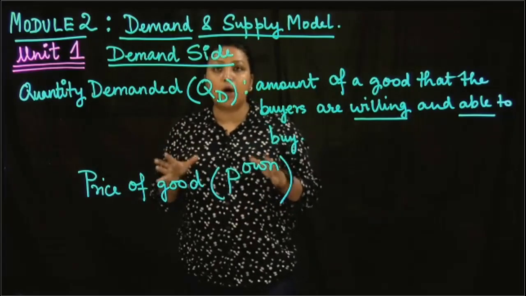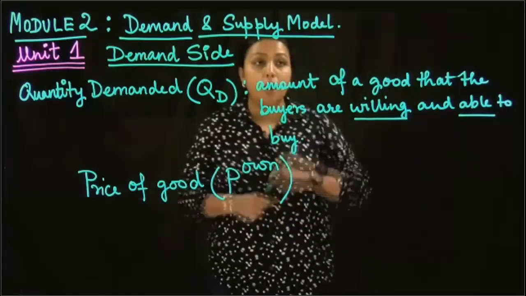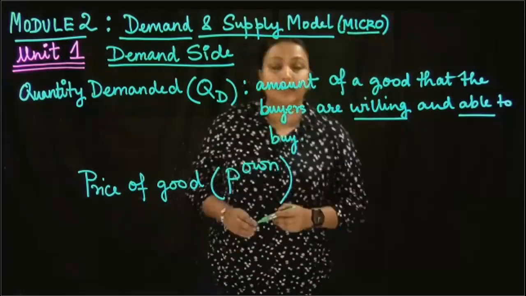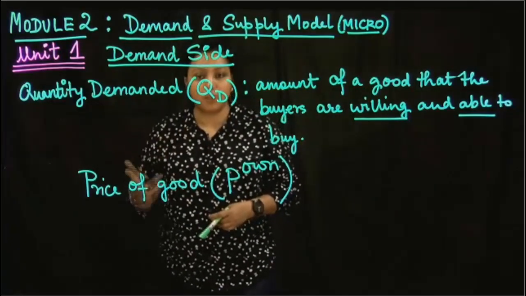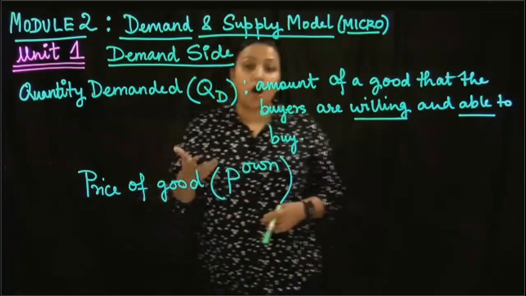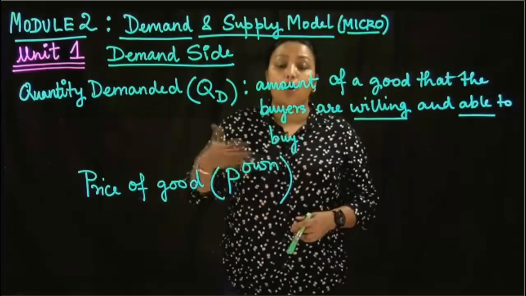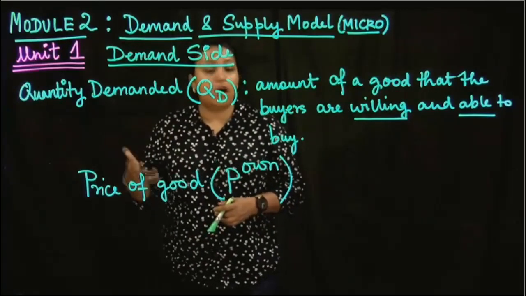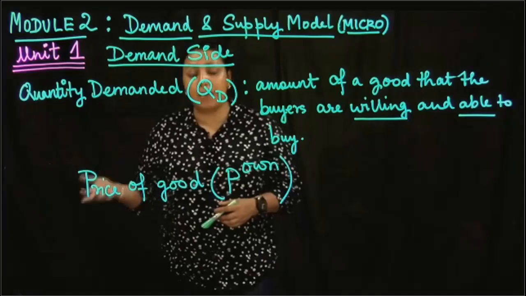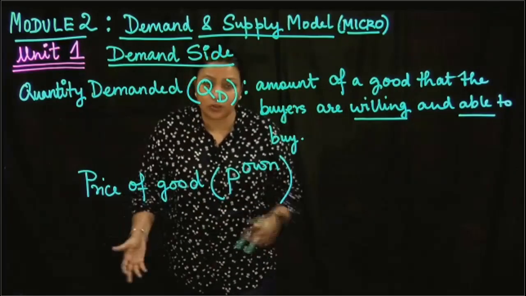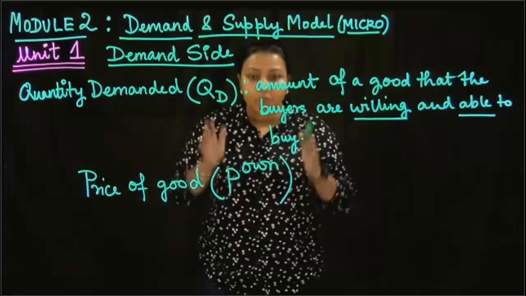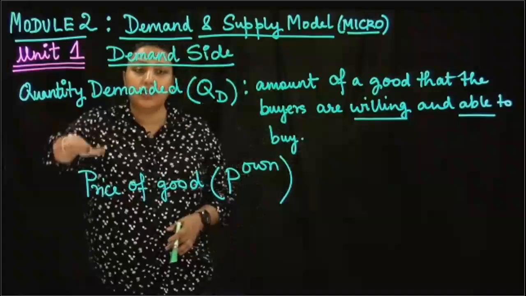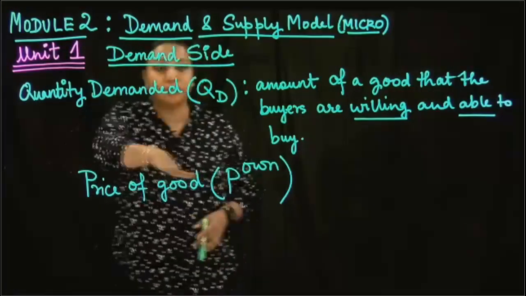So really we are talking about the demand and the supply model from a micro perspective. This is something you should understand very clearly. We are talking about the quantity demanded or the price of one particular commodity, and hence we are going to talk about the market of that one commodity, and whatever that commodity be, it could be apples, oranges, cars, ice creams, anything under the sun, but we are precisely talking about one market, one commodity at a time.